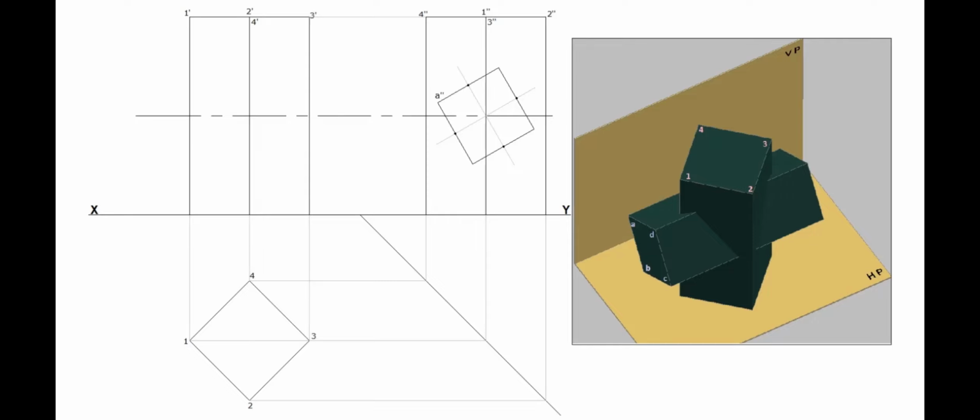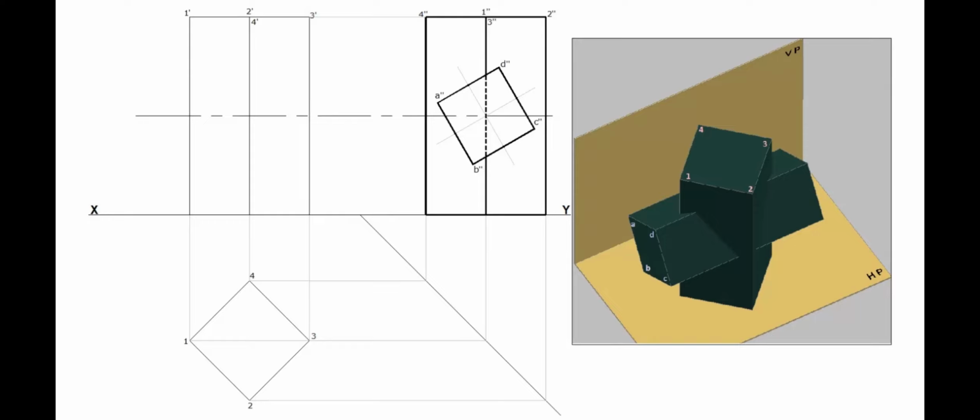Name the corners as A double dash, B double dash, C double dash and D double dash. In this side view almost all edges are visible, except the portion of longer edge 1 double dash, inside the square.